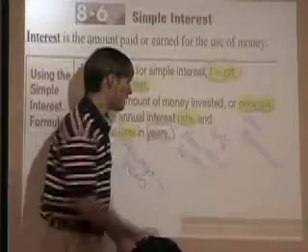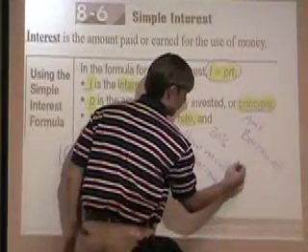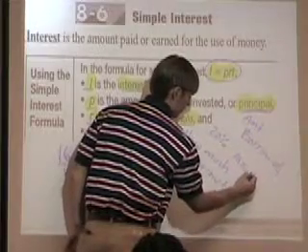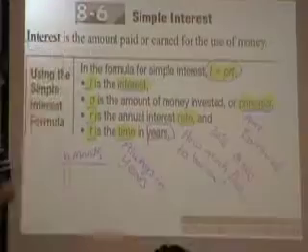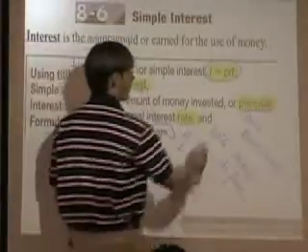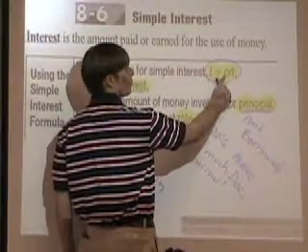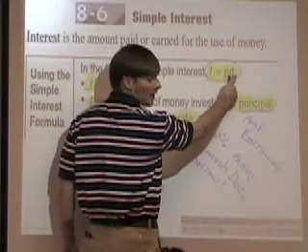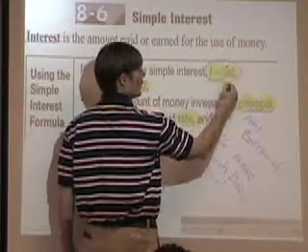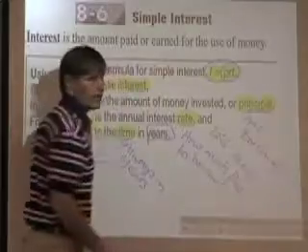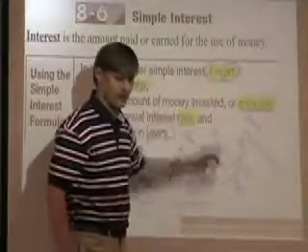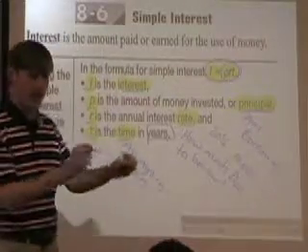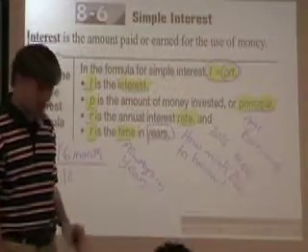Rate is always a decimal. So it's important that you have the formula: interest equals principal times rate times time. They're going to give you these three things. When they give you principal, rate, and time, what do you think you do with them to find the interest? Multiply all three together and it'll give you the interest.